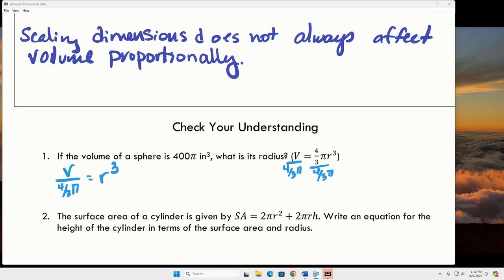And that is going to equal r cubed. And then anytime we want to get rid of a cube, we're going to do the cube root. So r is going to be the cube root of the volume divided by 4/3 pi.